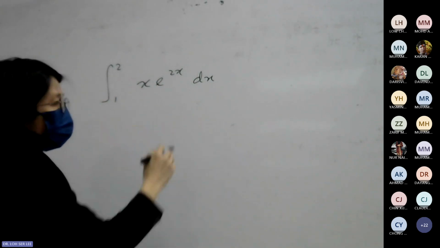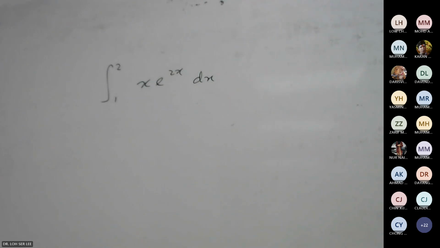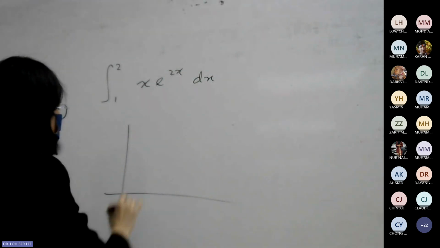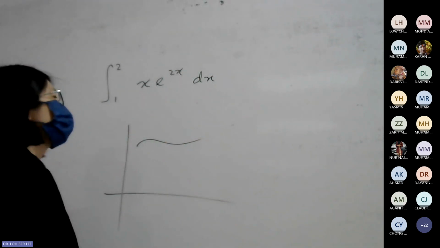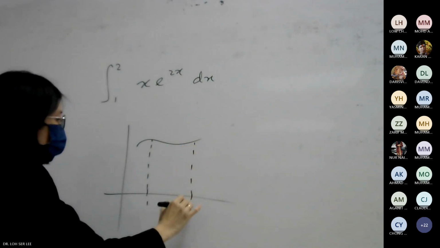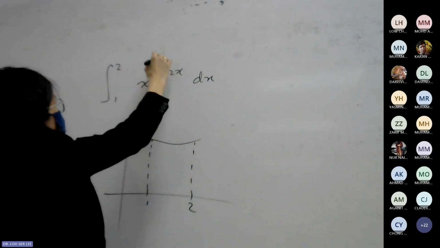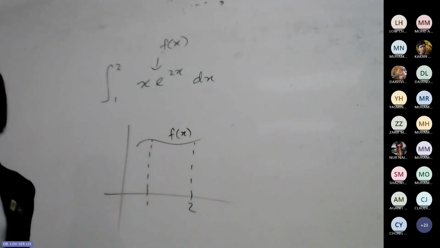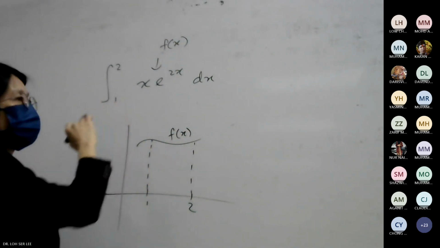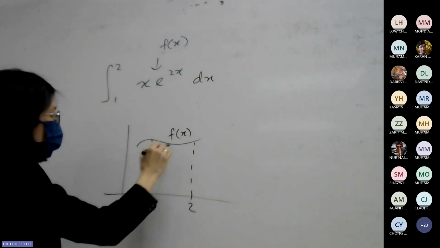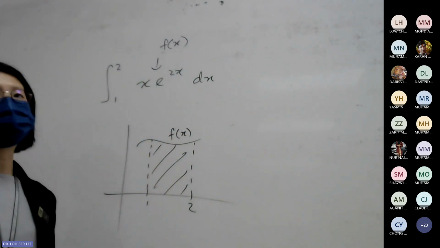For the first method, the trapezoidal rule, let's say we have a curve, and this is 1, this is 2, and this is the function f(x). The integration of this function from 1 to 2 represents the area under the curve.